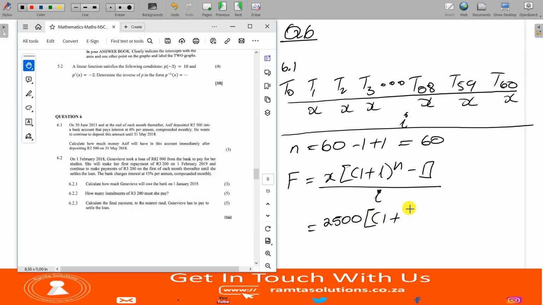His interest is 6% per annum compounded monthly. 6% is equivalent to 0.06. Because it's compounded monthly, we divide by 12. And the number of instalments is 60 minus 1, all over 0.06 over 12. Take out your calculators, guys, and let's calculate together.